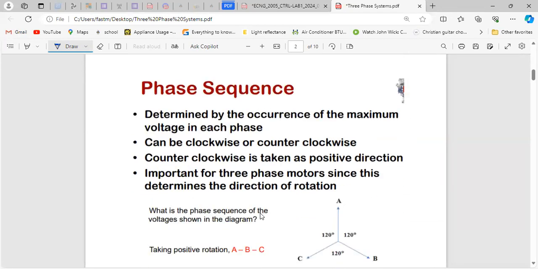Right, so first important thing: the phase sequence is determined by the occurrence of the maximum voltage. In your questions, the majority of the time it will be a balanced supply or balanced system, which means that the peak voltage for each phase is the same. Remember our waveform: if I make a normal sine wave, the top here is V peak. For a balanced system, the peaks for each phase will be the same.